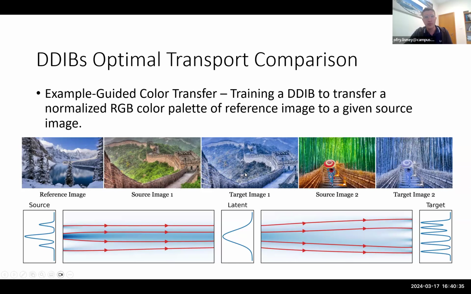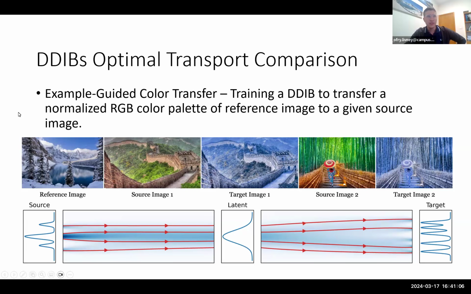The way they perform that is by training an image-specific diffusion model on the normalized RGB space of the source image, and one diffusion model on the normalized RGB space of the reference image. And then via inference through the DDIBs architecture, they get a deterministic mapping from the RGB space of the source image to the reference image. And then they can just replace the color such that we get this nice target image.